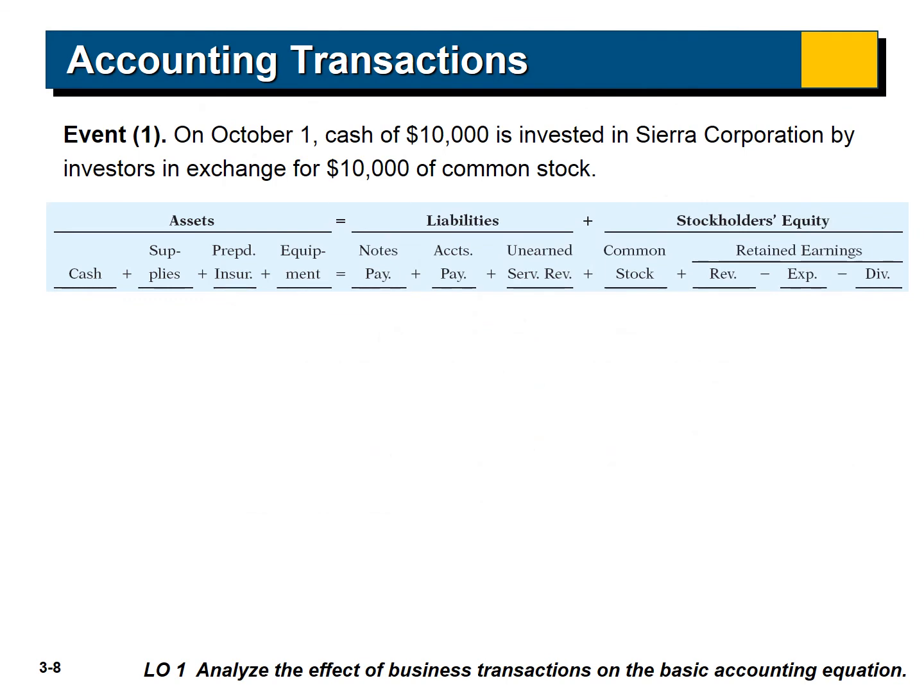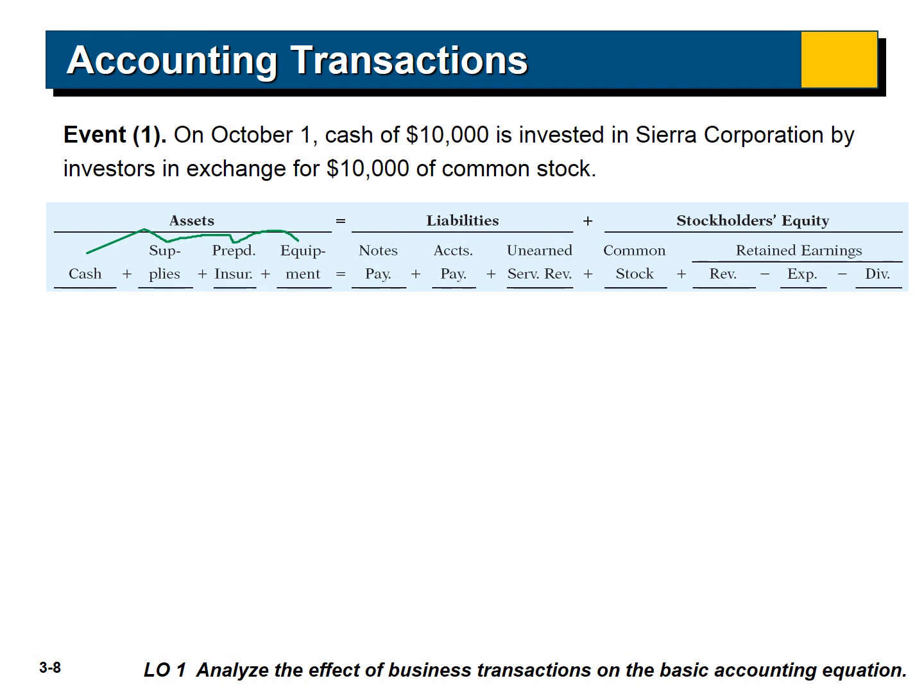Now let's take that expanded equation and add the individual accounts under each of those categories. For example, assets: we have different categories, different types or accounts within each category. We have cash, supplies, prepaid insurance, equipment, land, all kinds of different assets.